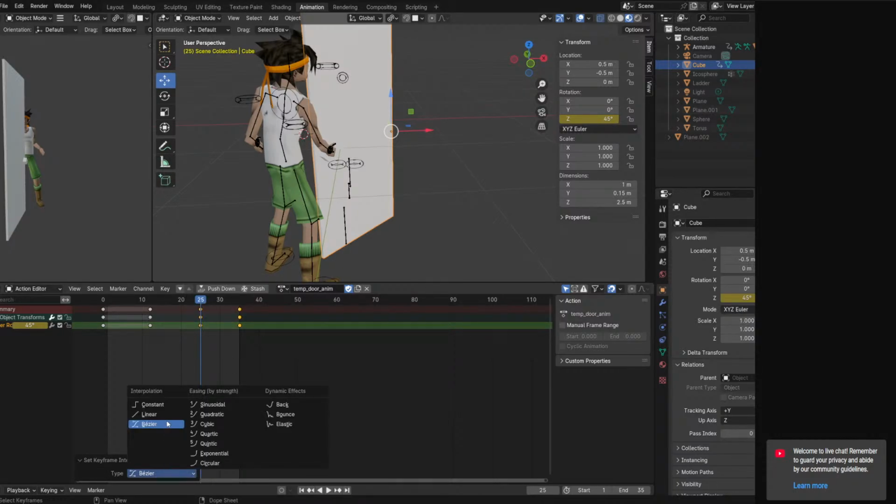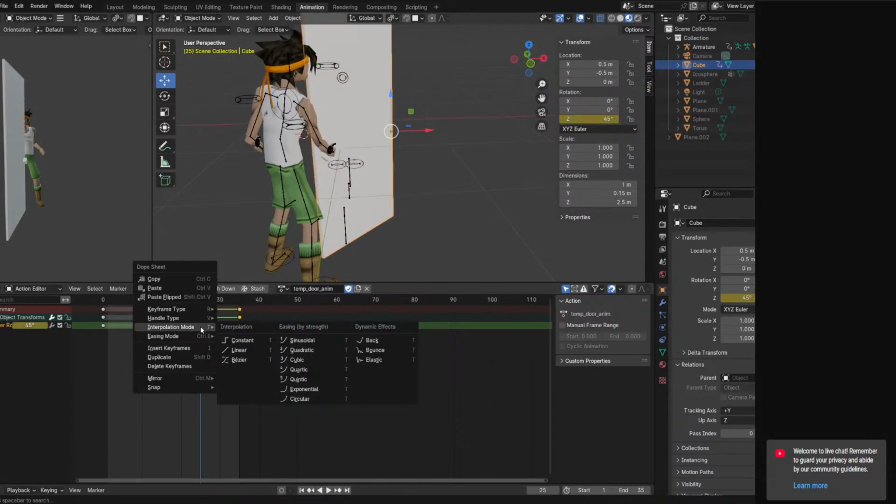Oh, okay. Cubic. Oh, it's going the wrong way. Is there a way to have the inverse of this?